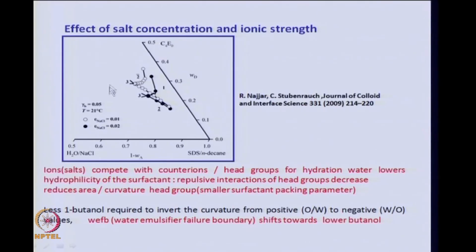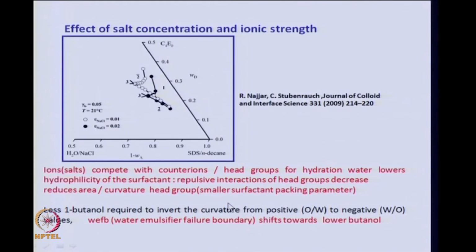So, if you add more sodium chloride, which is a salt, you move this side, which means you move to lower concentration of butanol. So, butanol is being used in this system as a co-surfactant. So, with less co-surfactant you can stabilize the microemulsion system by adding salt.